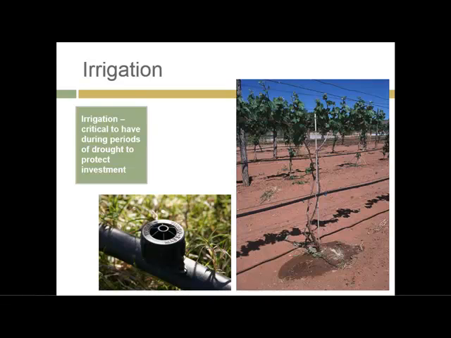And here's an illustration of a drip system in a vineyard, and a close-up of a drip irrigation fixture. Now, these systems can be laid on the ground and connected via hoses, or they can be off the ground as illustrated here. I would say hose lines, drip lines that run along the ground are probably much more common than the system illustrated.